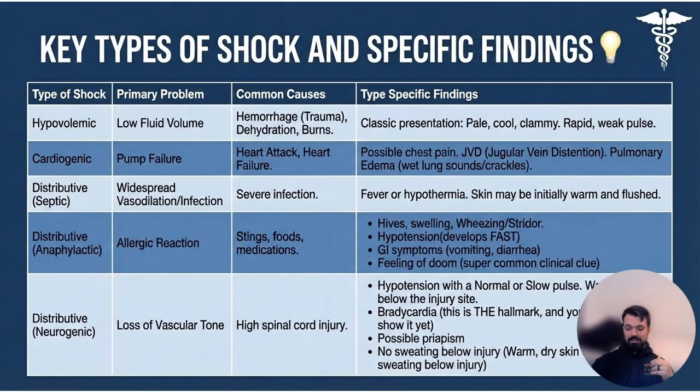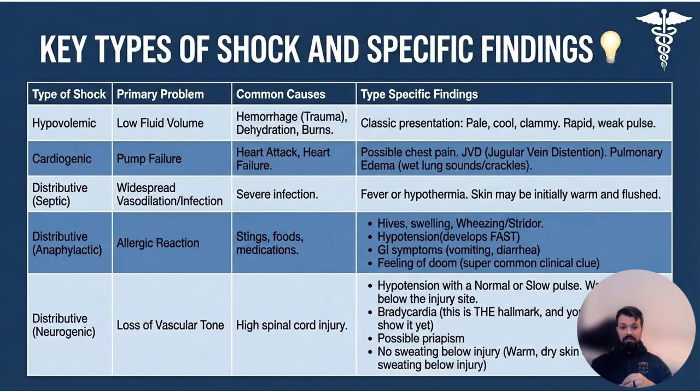Okay, some terms you might see are rapid and thready for the pulse. That means the pulse is very, very weak, but it's very rapid. Okay, when your pulse goes up, typically speaking, your blood pressure drops, and vice versa. Okay, if your blood pressure goes up, typically speaking, your pulse will drop to compensate. It's an inverse relationship that your pulse and blood pressure have when you're experiencing shock.